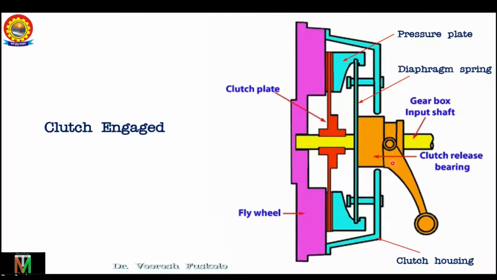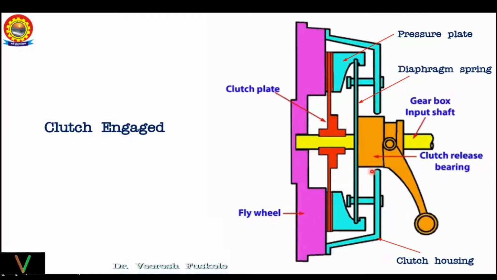And this one is the clutch fork. The clutch plate is mounted on the input gearbox shaft, which has splines here, so that the clutch plate can slide along its axis to and fro for engagement and disengagement.